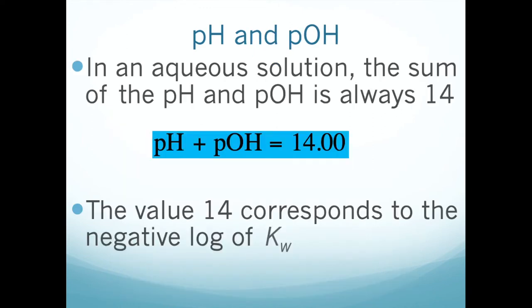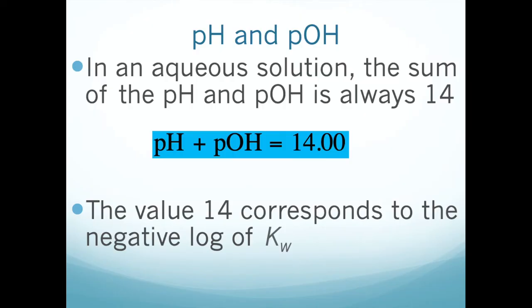And here's that shortcut. Basically, if we take our Kw expression, where H plus times OH minus concentration gives us 1 times 10 to the negative 14, and we just take the negative log of that whole equation, it actually gets simplified to pH plus pOH is equal to 14.